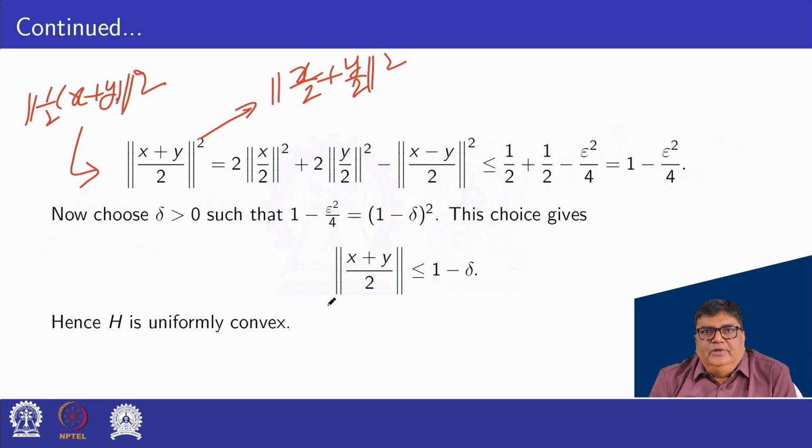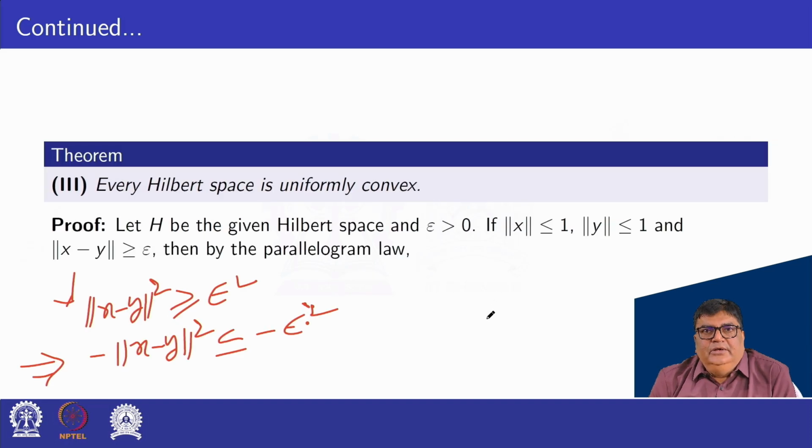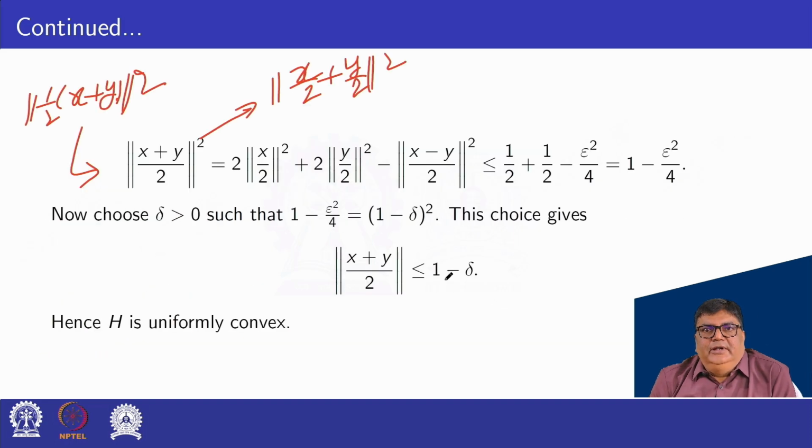So taking the square root of both sides, we get norm of x plus y by 2 less than or equal to 1 minus delta. Here delta is independent of x and y, hence H is uniformly convex.